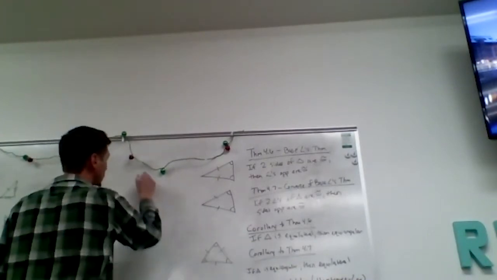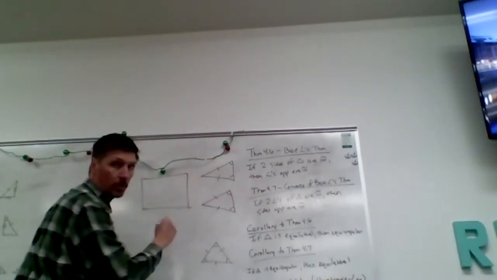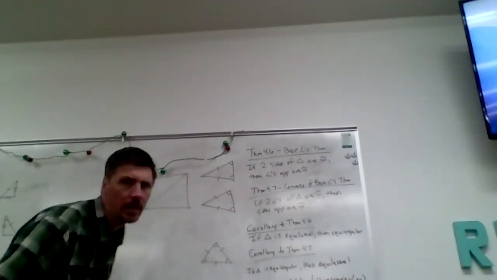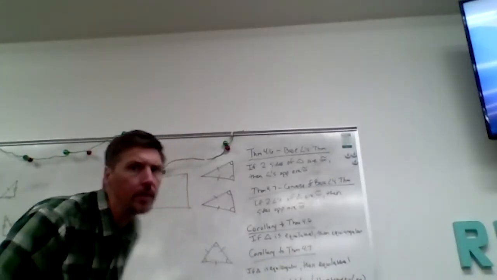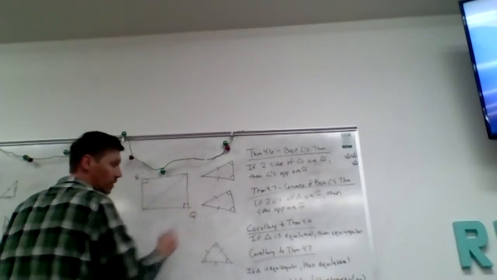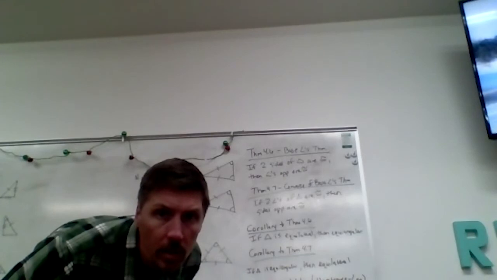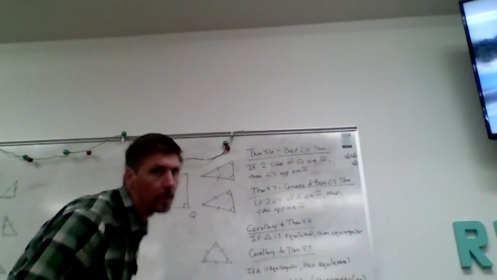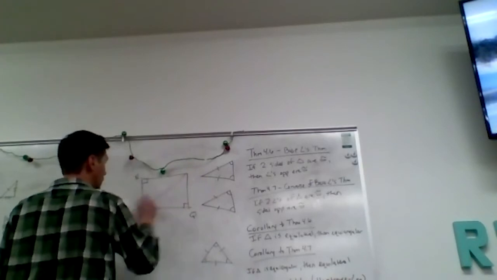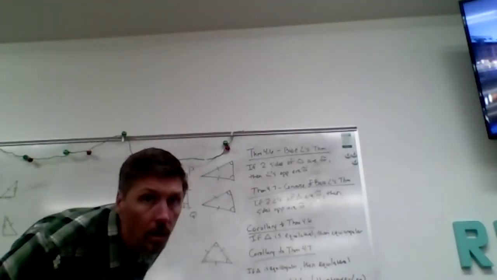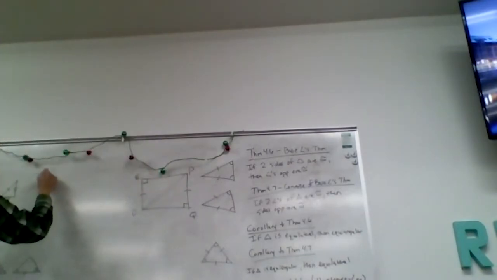All right, so we're going to draw this, and we're going to say these are right. So N and Q are right angles, NO and PQ, and we're also going to say that these sides are congruent.